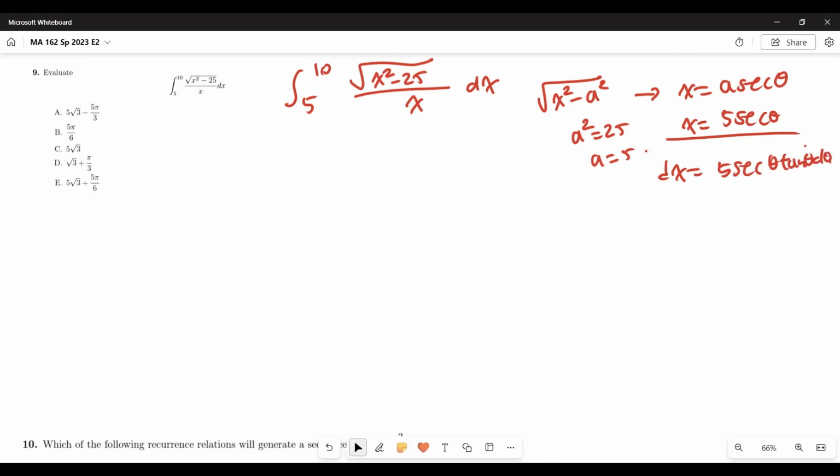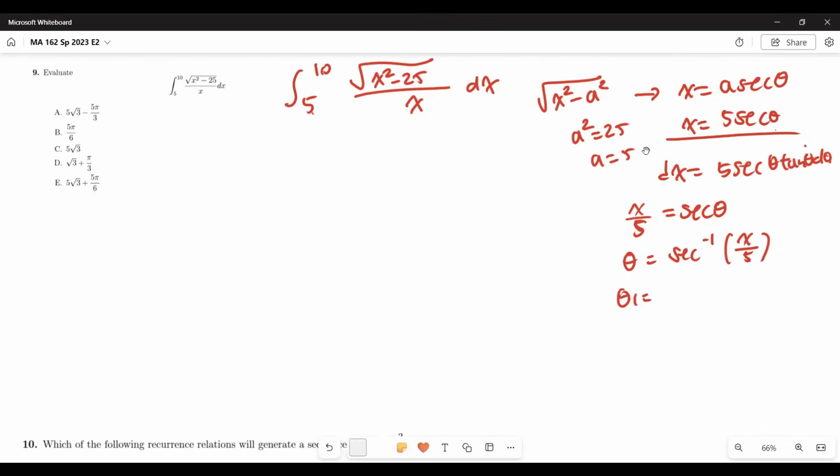Let's find the theta value in terms of x. So x over 5 is equal to secant theta, and theta is then secant inverse of x over 5. Let's find the bounds.